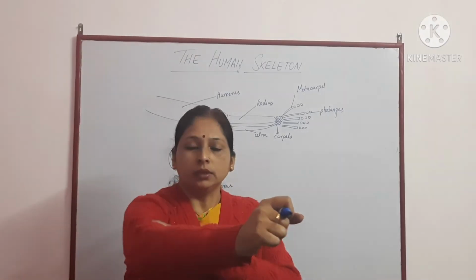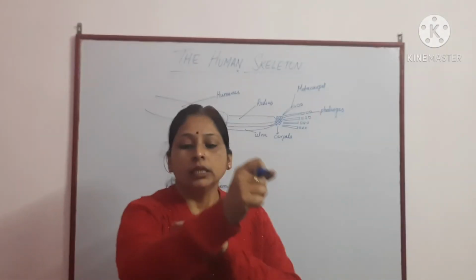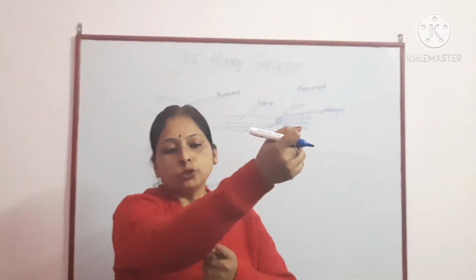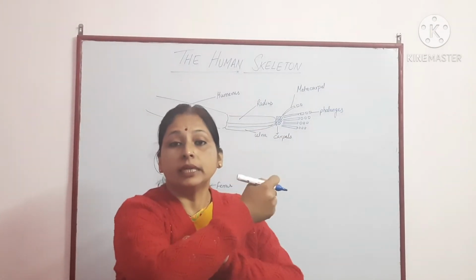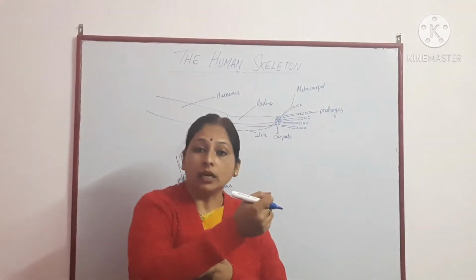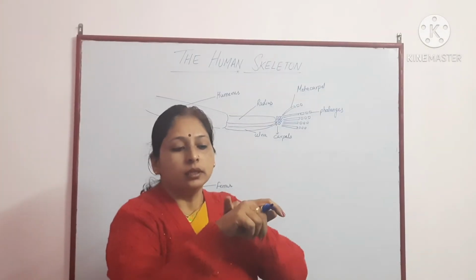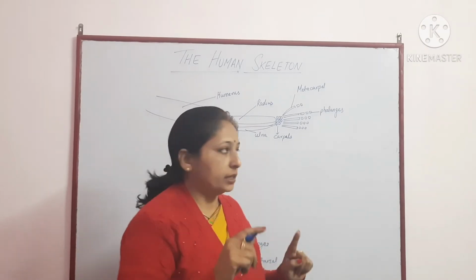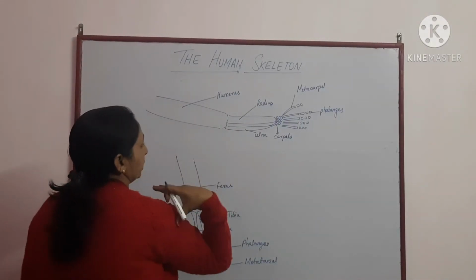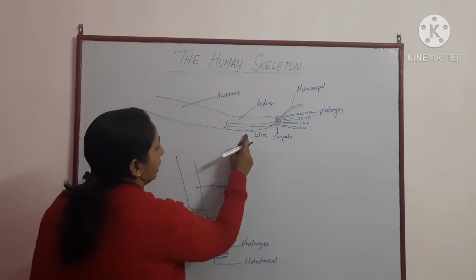Bones of this arm. Here, this is the humerus, the thick bone. Then it contains 2 bones. The thick bone is termed as radius, and the lower bone is the ulna. Then carpal, metacarpal, phalanges. A rough diagram to describe this: humerus, radius, ulna.